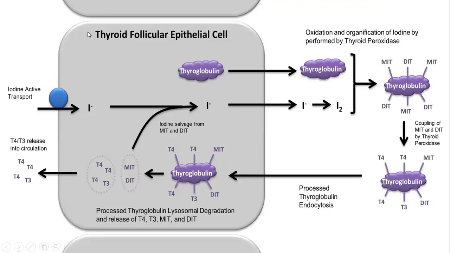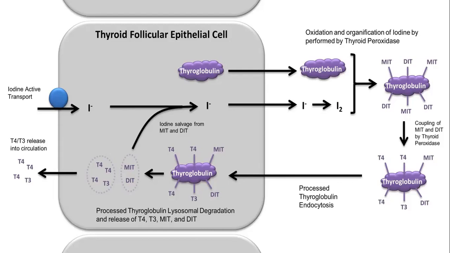So if this is the thyroid follicular epithelial cell, what's inside is a proteinaceous material which we term thyroid colloid. Now, synthesis of thyroid hormones is a multi-step process which occurs within the follicular epithelial cells and within the acellular follicular lumen.